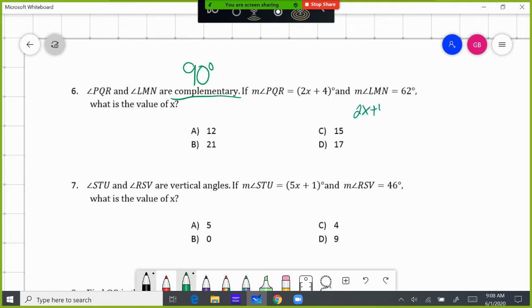So 2x plus 4 plus 62 is 90. 2x plus 66 is 90. Subtract 66 on both sides. You get 24. So x is 12.